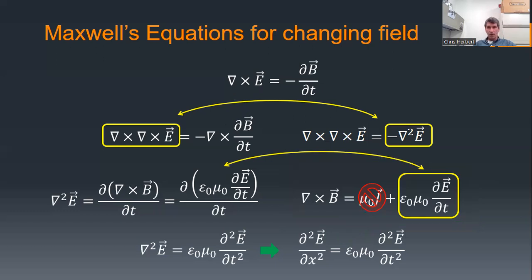All right, so let's start with the curl of E. Now, the first thing I'm going to do to the curl of E, and I said there's going to be some hand waving here, so don't get too frustrated with me, is take the cross product of del with respect to this equation.